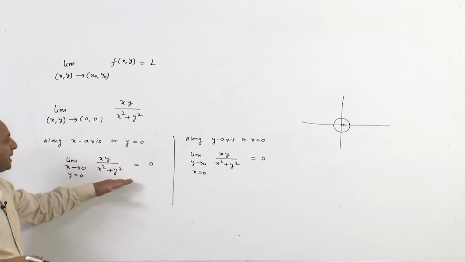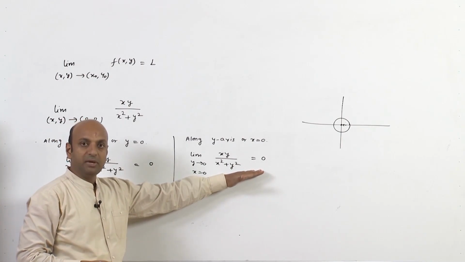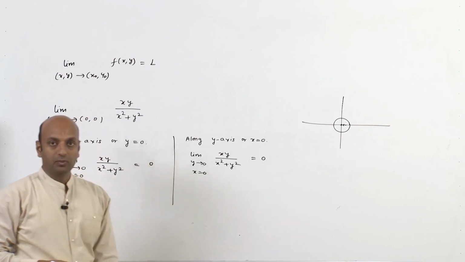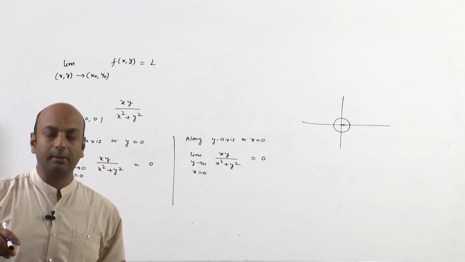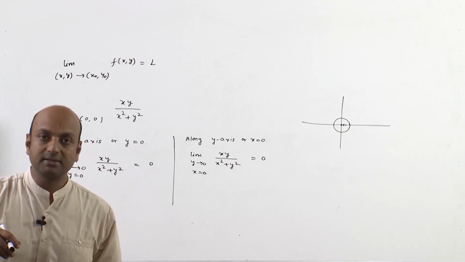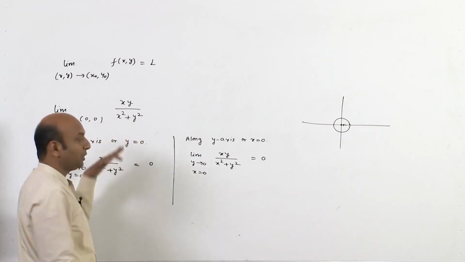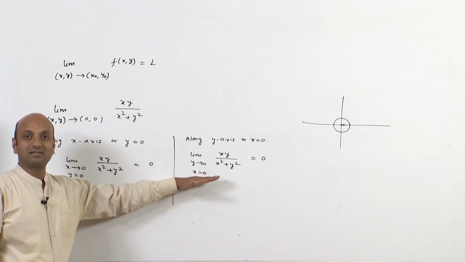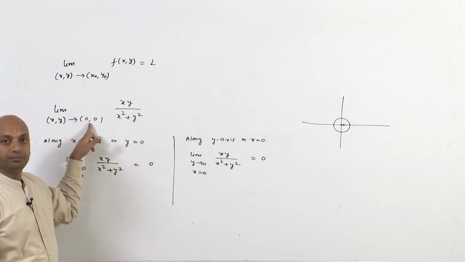Now, from these two paths the values are the same. What does it mean? If from two different paths the value of the double limit is the same, it means the double limit may or may not exist, because these are only two paths and there are infinite paths from xy to 0 0.